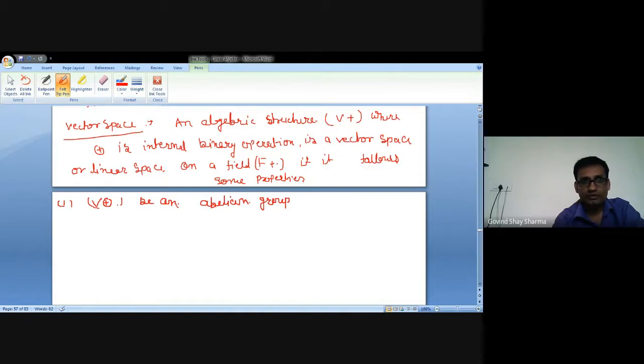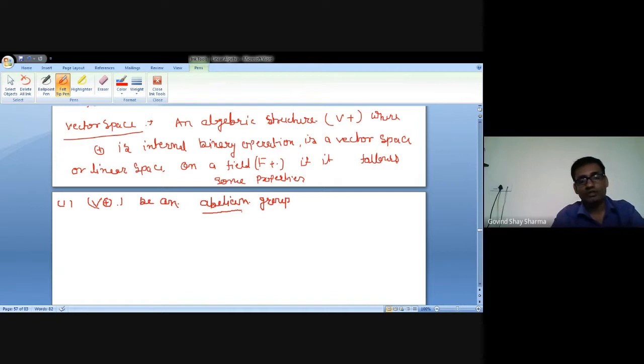If (G, +) is an abelian group, that means (G, +) is closed, follows the associative property, has an identity element, and has inverses.